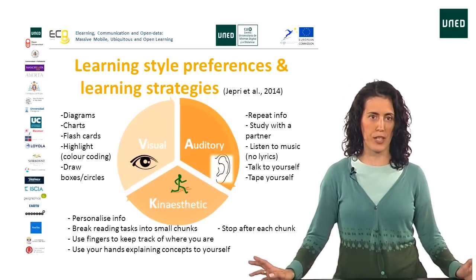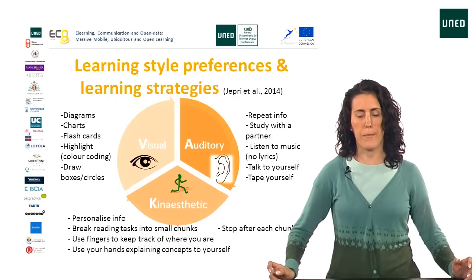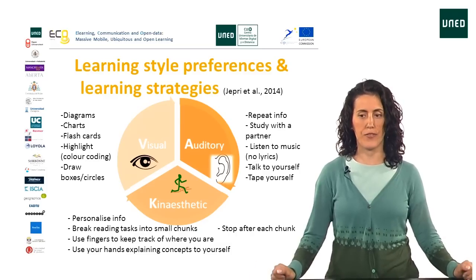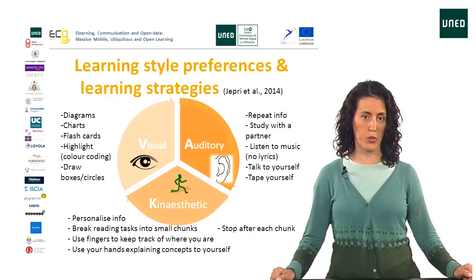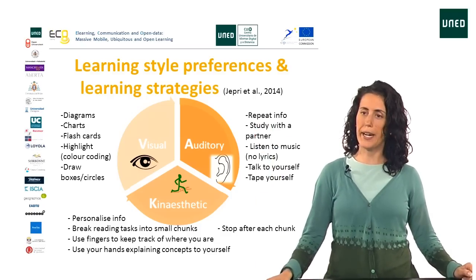There are many classifications of how we learn. Probably one of the most widespread ones divides into visual, auditory, and kinesthetic learning. And I put there some examples you can see in the chart.